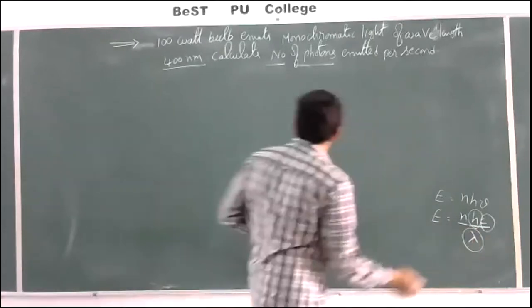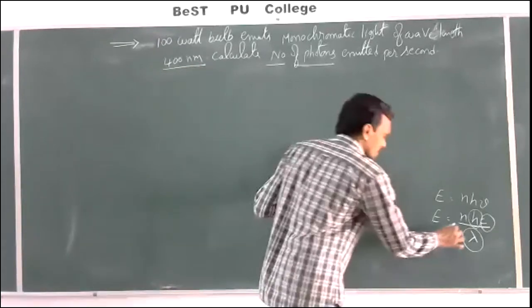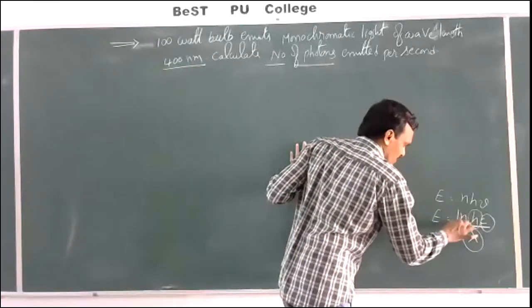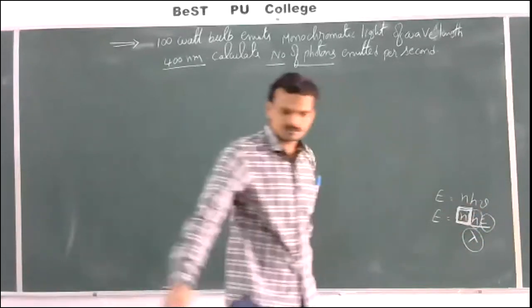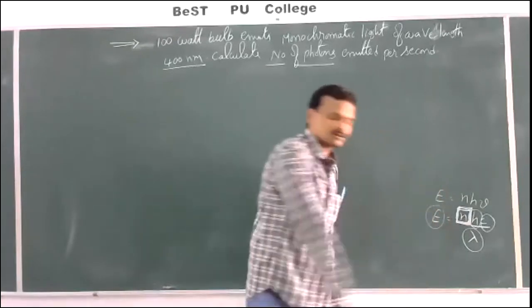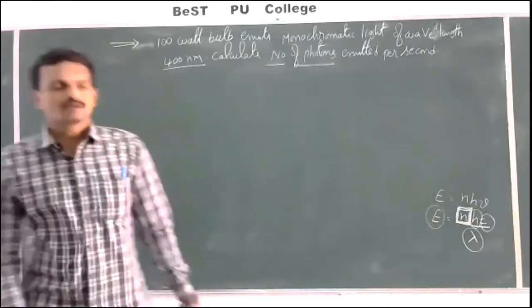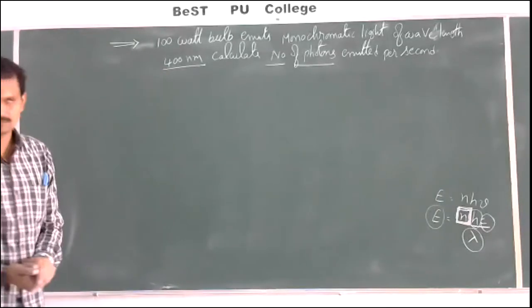Wavelength given in the question is 400 nanometers. What you have to calculate here is the N value, number of photons. This is our required quantity. What else is required here? Energy is required. Is energy given? Given, but not directly, indirectly given. That we should identify first.